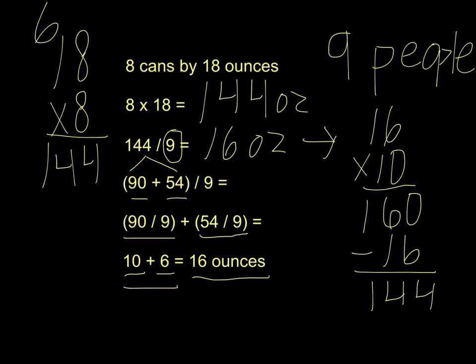Otherwise, we could set up a division problem in which we divide 144 by 9 to get 16. This is an example of how we could check our answer to see that it's reasonable.